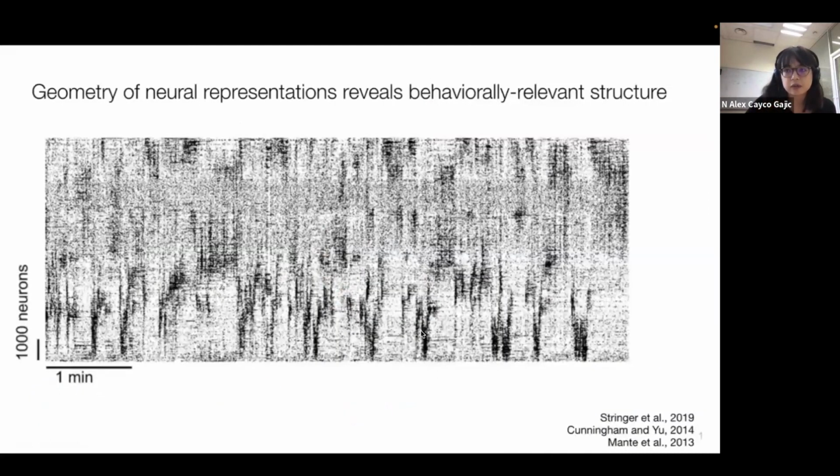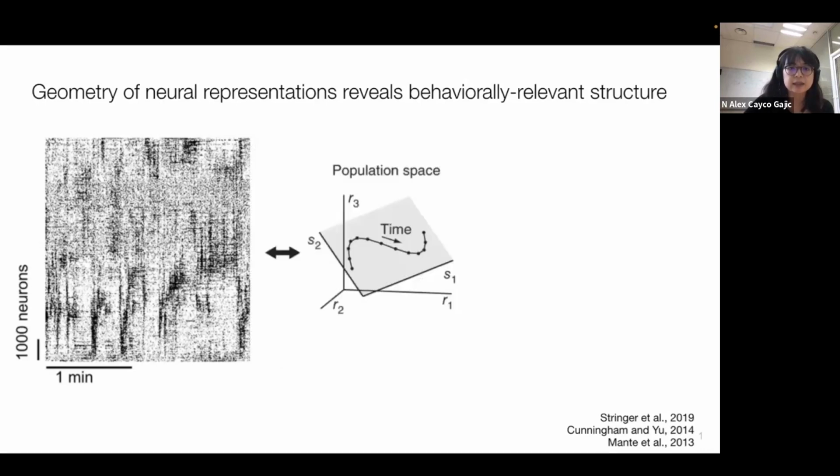I'd like to start from the point of view that now we can record from very large populations, tens of thousands of neurons over very long periods. And a very common way of analyzing this high dimensional data is to use methods like PCA or other dimensionality reduction methods to identify low dimensional latent variables hidden within the data.